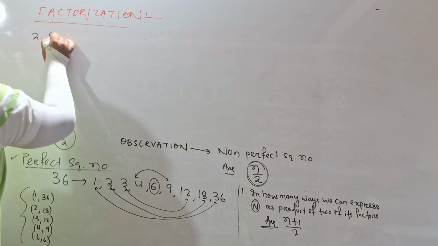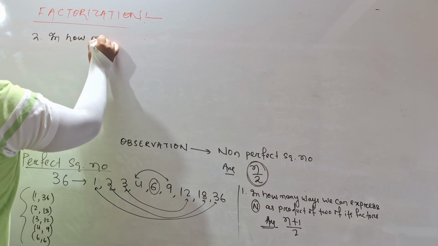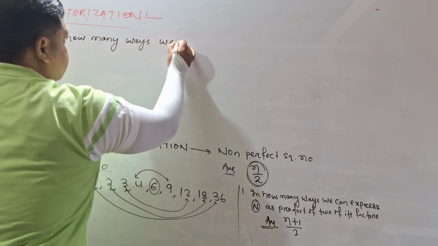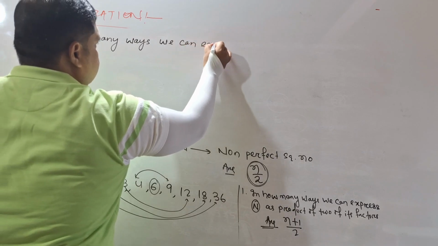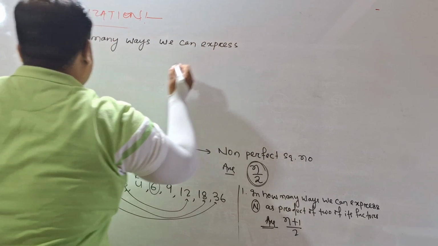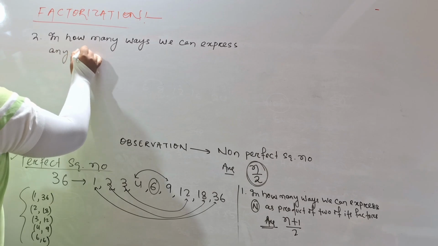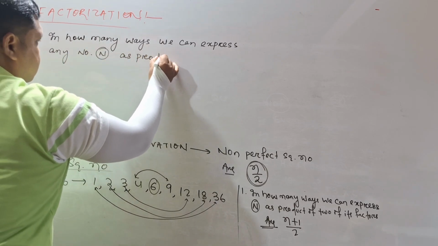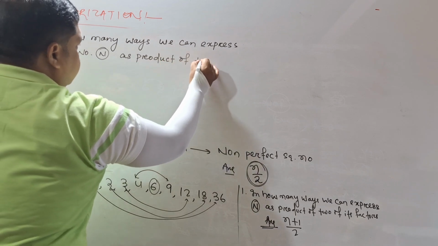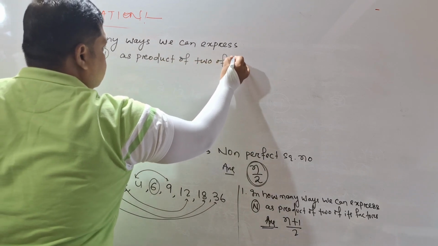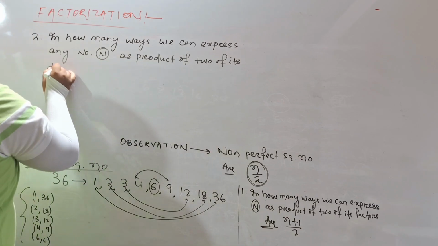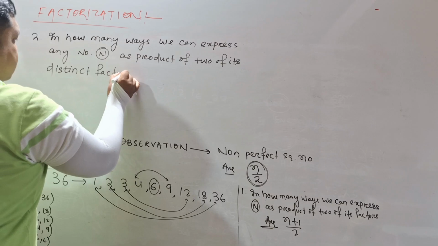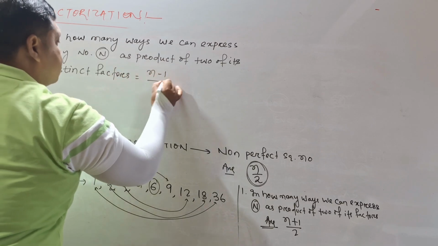In how many ways can we express any natural number as a product of two of its distinct factors? Then the answer is (n minus 1) by 2.